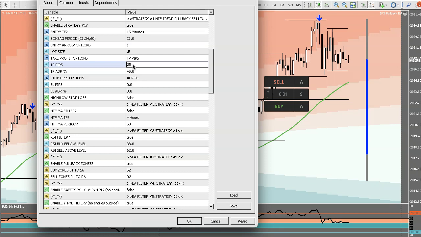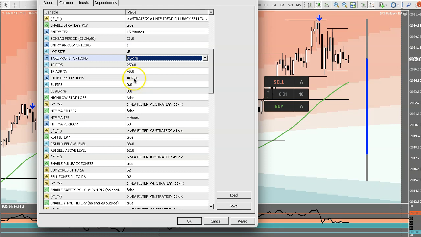For gold, you will have to add an extra digit for it to know that it is 25 pips, because gold has an extra digit. I like it as ADR percentage, but everybody's different, so you can do it as you like.